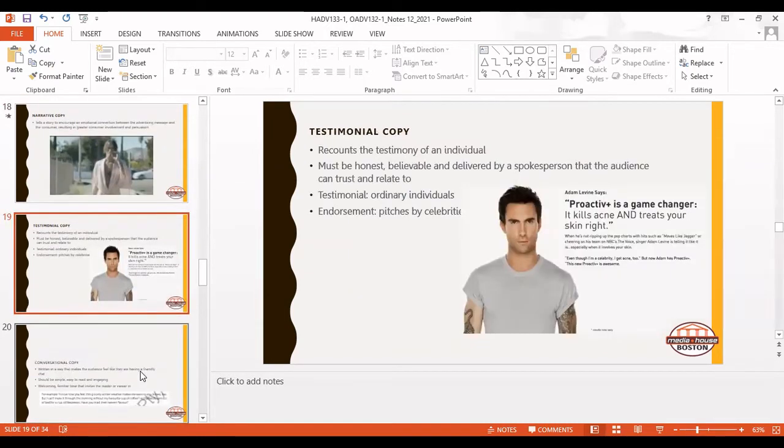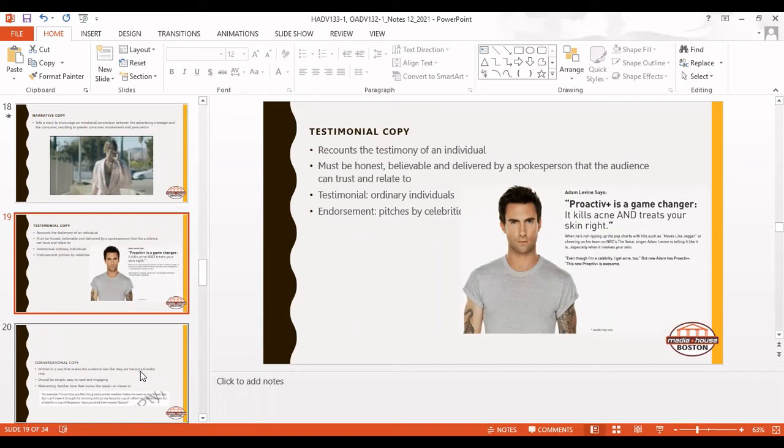Then we have a testimonial copy. It recounts the testimony of an individual. It must be honest, believable, and delivered by a spokesperson that the audience can trust and relate to. Testimonials can be ordinary individuals, endorsements, or pitches by celebrities. I'm sure you've seen these a lot of times, where they get a celebrity to talk about a certain issue or advertise a certain product.